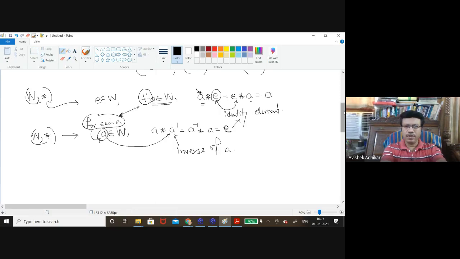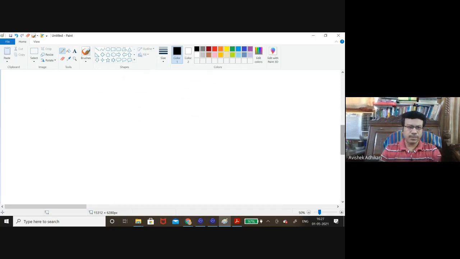For example, when we talk about R, if I consider R and only one operation, plus, then you can understand that all the properties I talked about hold.